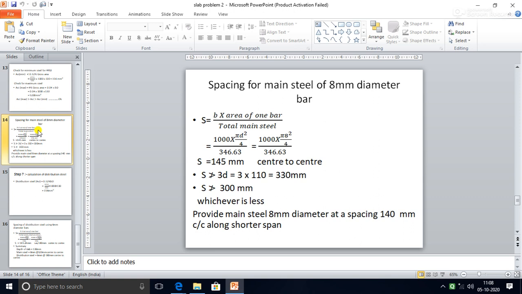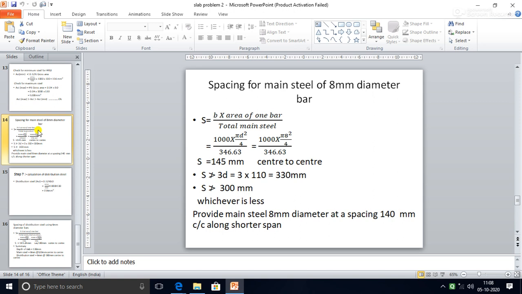Then the spacing for the main steel of 8 mm diameter bars, again using the formula: width into area of one bar divided by total main Ast, that is width 1000, pi by 4 into d square is the area of one steel bar, where d diameter of bar is 8, so the spacing required is 145 mm center to center.